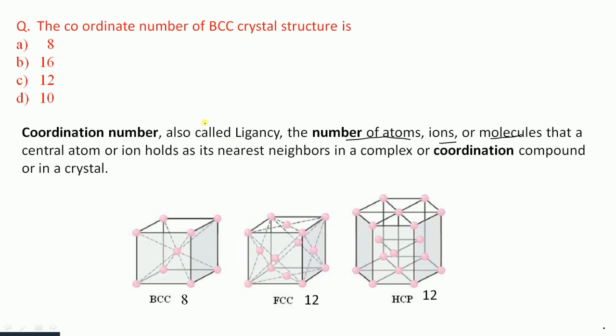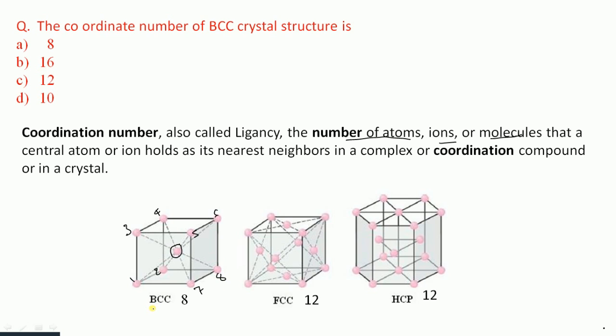See here, there is a central atom, and the coordination number is the number of atoms it holds in that crystal structure. In the BCC it holds 1, 2, 3, 4, 5, 6, 7 and 8.